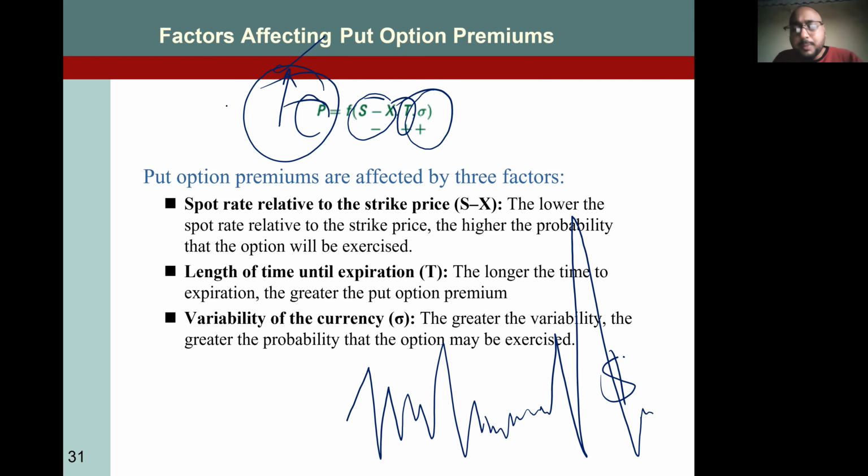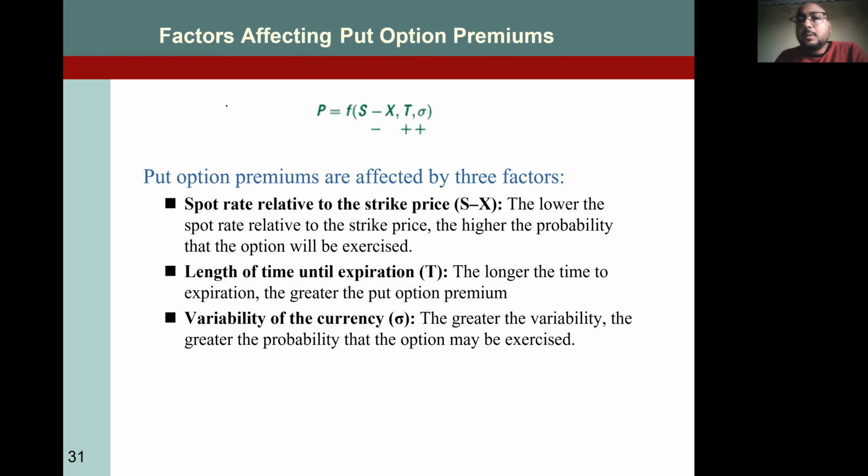So is there any common thing between put premium and call premium? Call premium is S minus X, positively correlated, while put is negatively correlated.